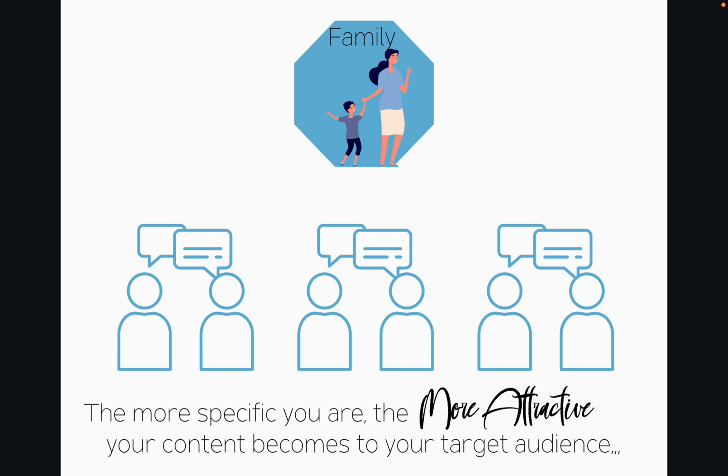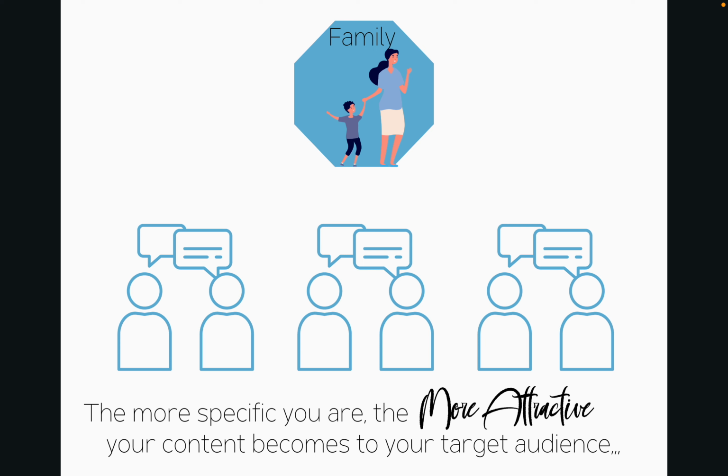So let's talk about our first part, family. I chose the icon up top, or the graphic up top, with a mother and a son to represent a single parent because I am a single parent. And whenever you're talking about your bucket, if you have family as one of your categories, you want to be as specific as possible. And you might see that as limiting, but it's actually the opposite.